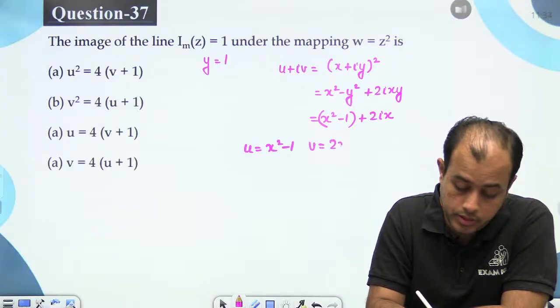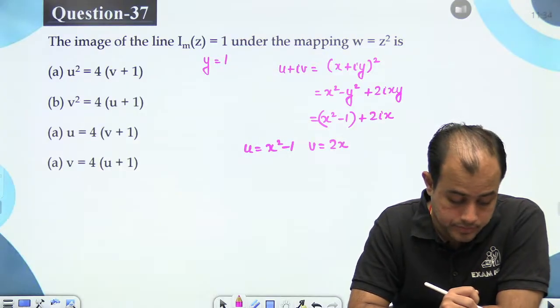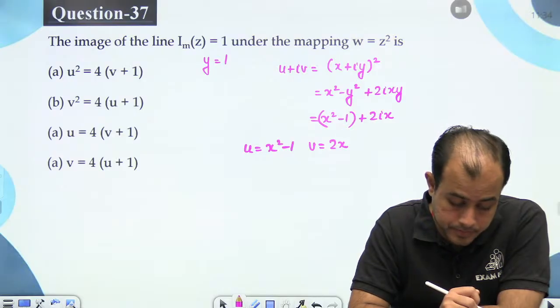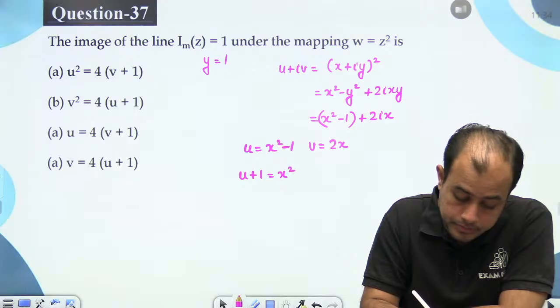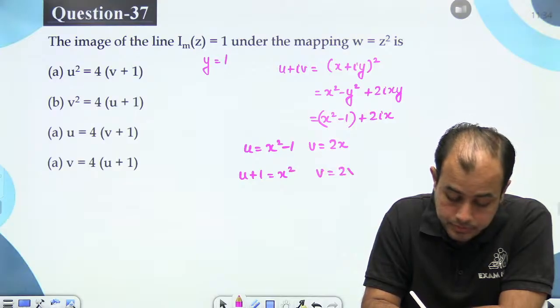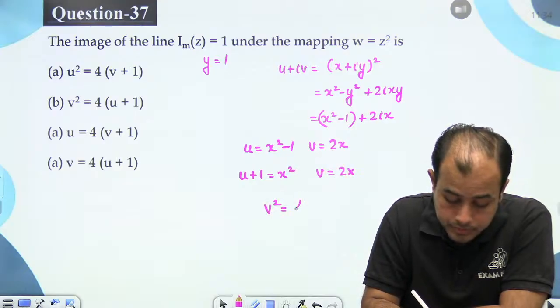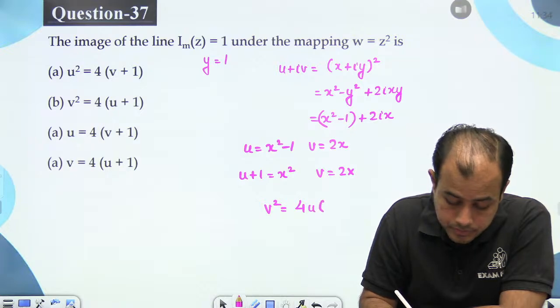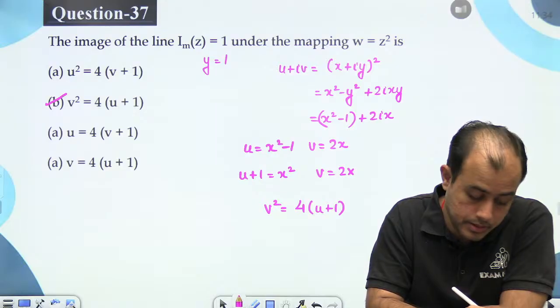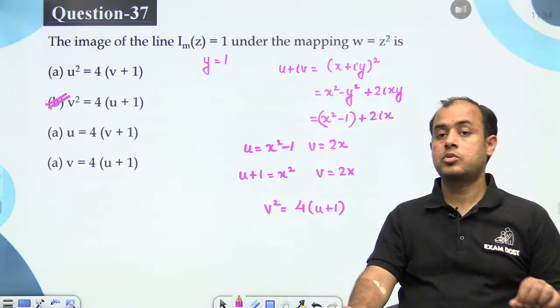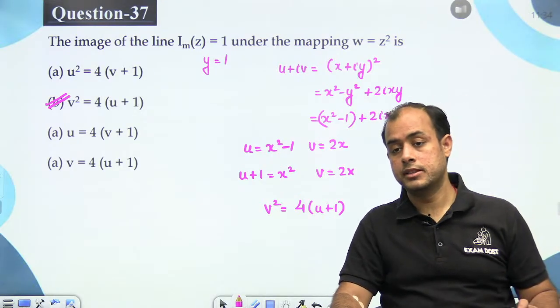V will be 2X. So the answer will be B. V square is equal to 4 times U plus 1. B.